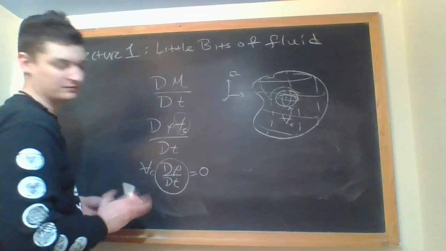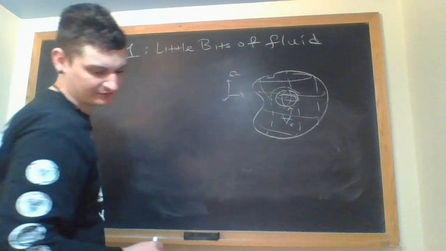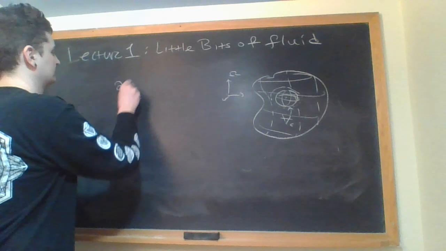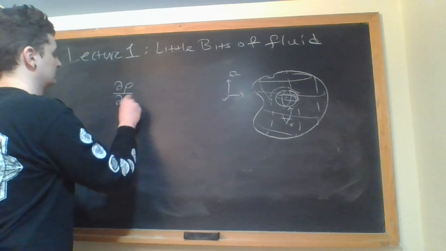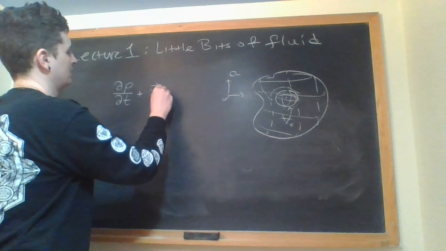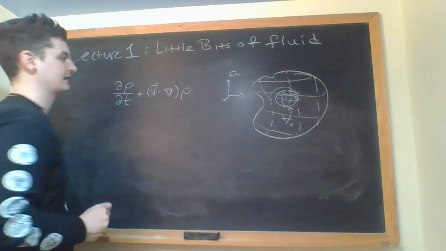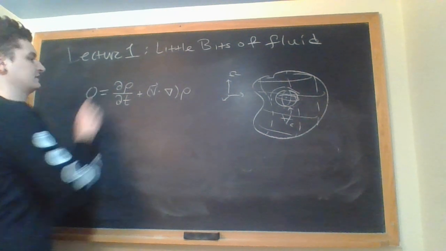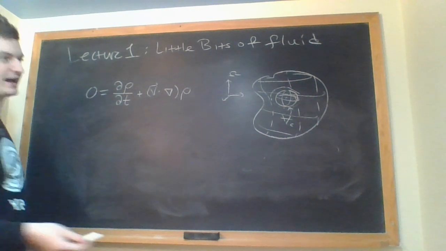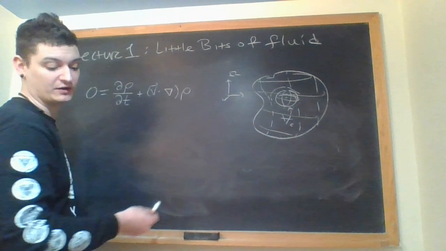Okay, so we expand those terms out because we have, right, a definition of this material derivative, and you'll get, and then we'll have one little dot. This is what we said it was, and then it'll be something like this. So this all has to be equal to 0 if I'm going to conserve the mass of all the small little regions or small bits of fluid in a volume of liquid.